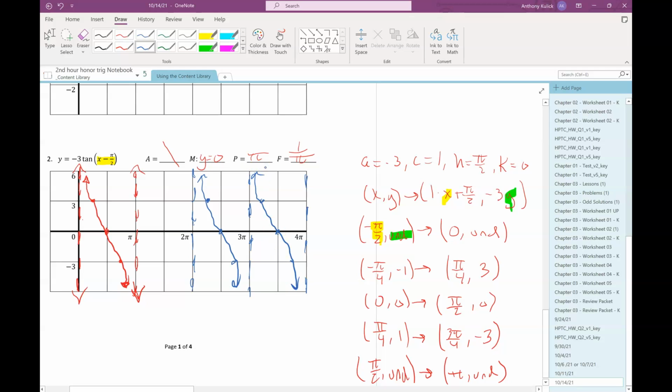And then the same thing over here. Oops. Oh, I forgot this spot, huh?